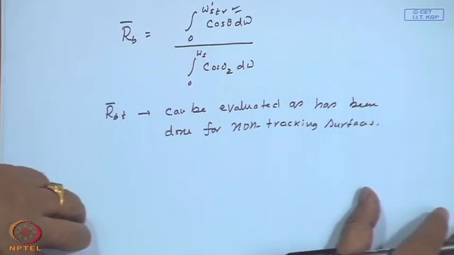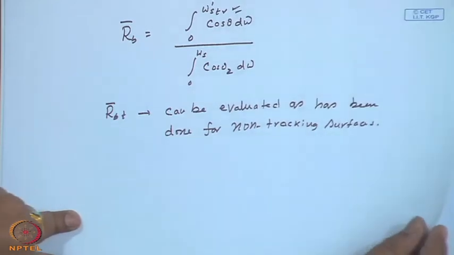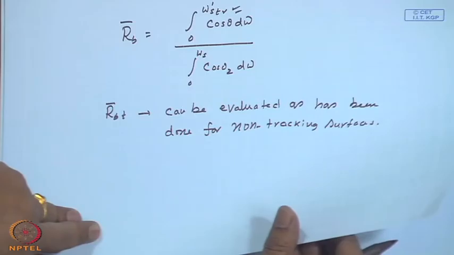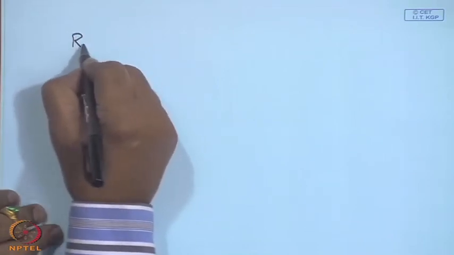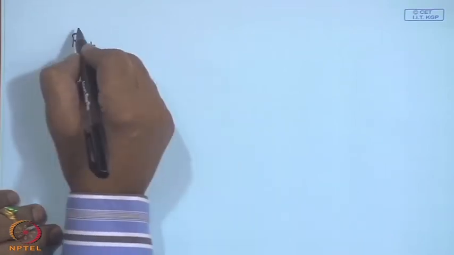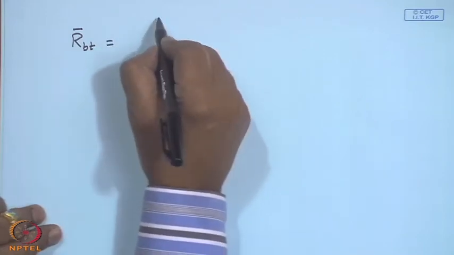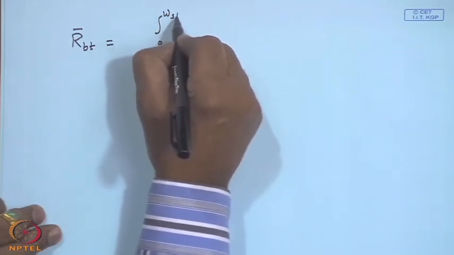You should realize that the definition in terms of the radiation components remains the same. What differs is the RB factor, or specifically the cosine theta expression that needs to be used depending upon the tracking mode. So, I can start with a slightly second or third step, as we have already done this in the case of fixed surfaces.